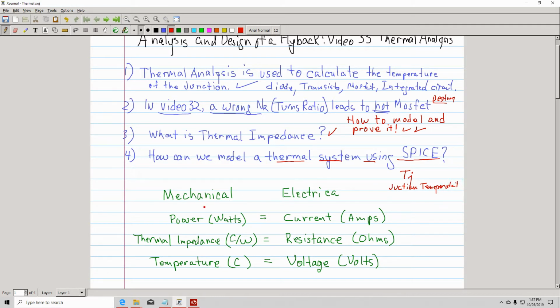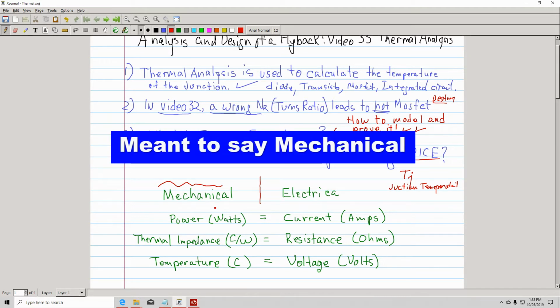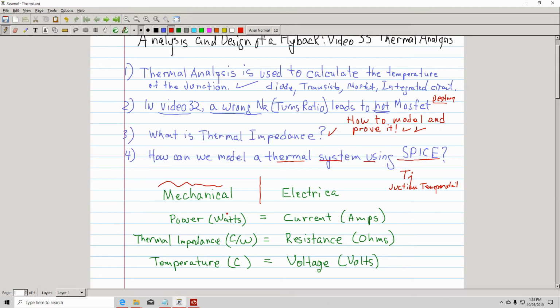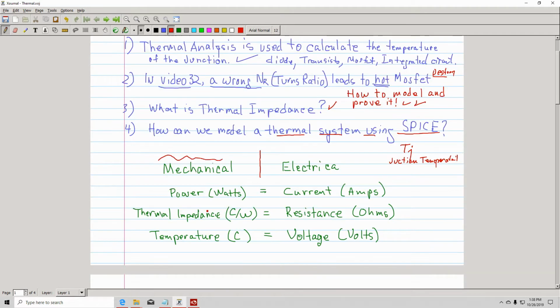Now, usually thermal analysis is in the domain of the mechanical engineering folks. When I do a design at work, I do my electrical design and then I calculate the power of the devices.